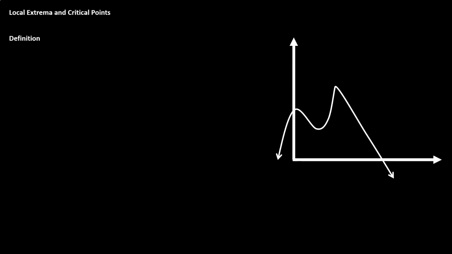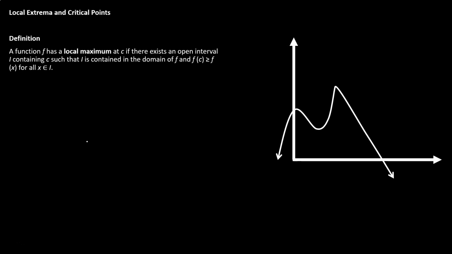Let's talk about locating local extrema and critical points. A local maximum for a function is something that exists on an open interval so that within that interval it looks like you have a maximum.